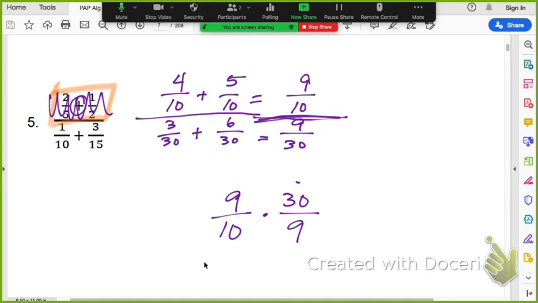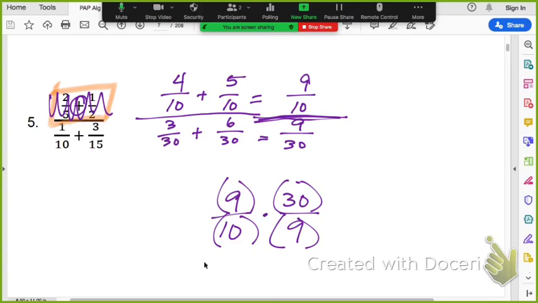Now, before I go and multiply everything out and figure out what 9 times 30 is, because I don't really want to do that in my head, and it makes it longer, I can actually leave it like this. So imagine all of these were in parentheses, and I could actually cancel right here without multiplying everything out, because everything's multiplied by each other.